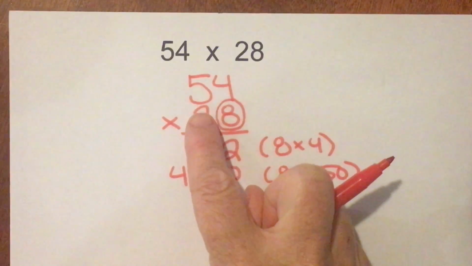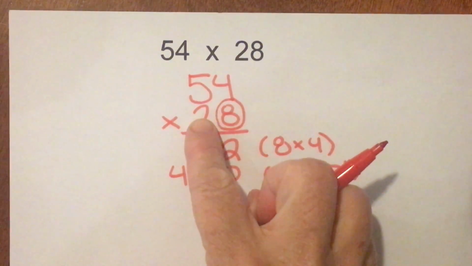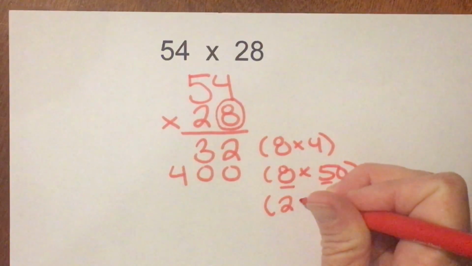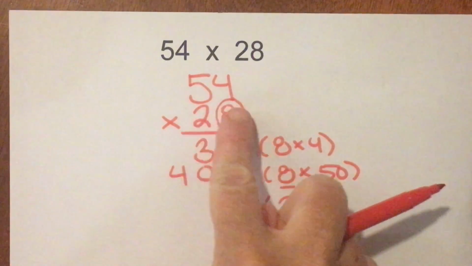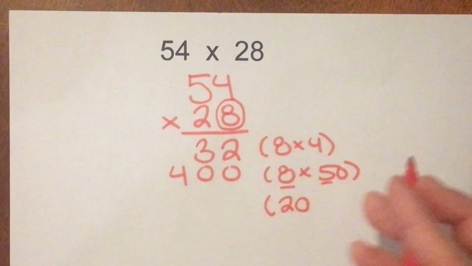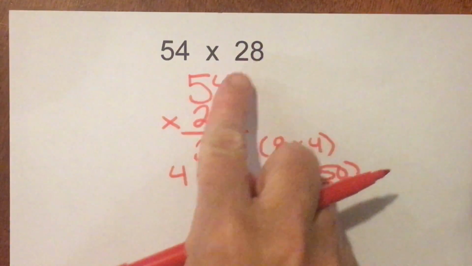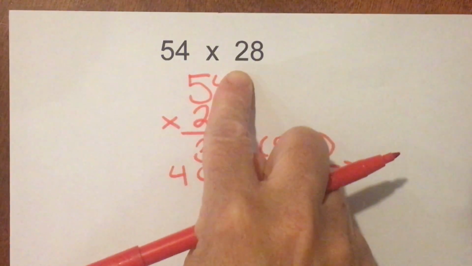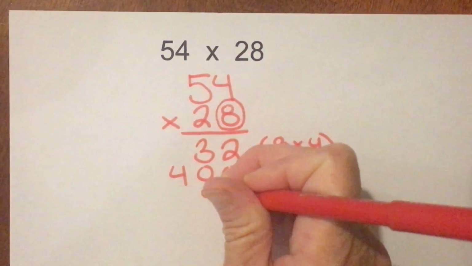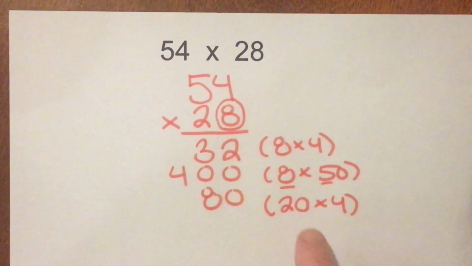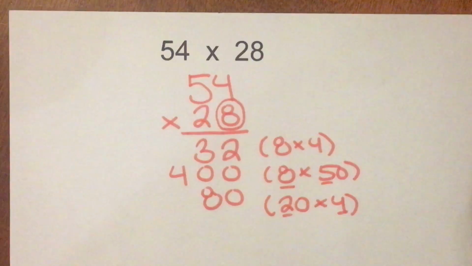Okay, now here's where it's tricky though. It looks like a 2, but if I think about it, that 2 is really worth 20 because it's 2 in the tens place. So I'm going to now move here, and I always go back to the beginning. So 20 times 4 is 80, because I did 2 times 4 is 8 and then added the 0.